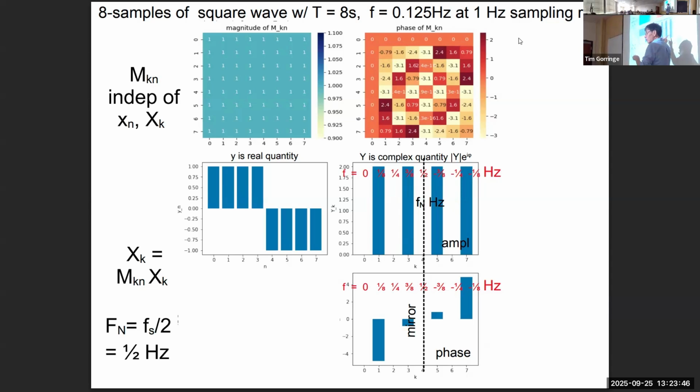There would be a 5/8 hertz, but I'm not seeing it because it would get aliased to a lower frequency, and it actually gets buried in these guys here. So anyway, this is the second example of Fourier transform.